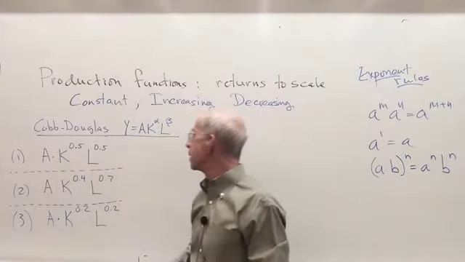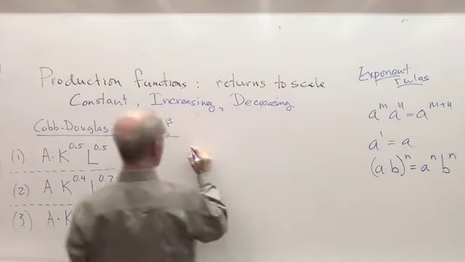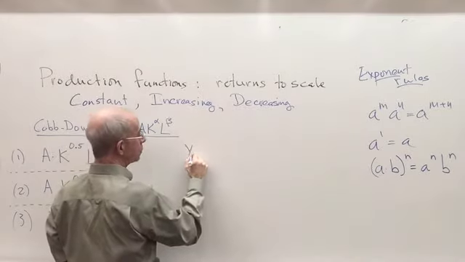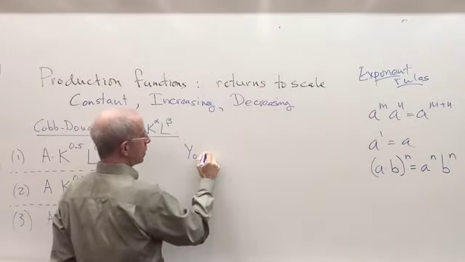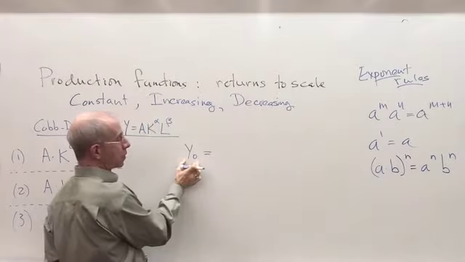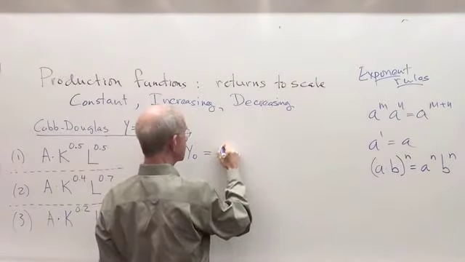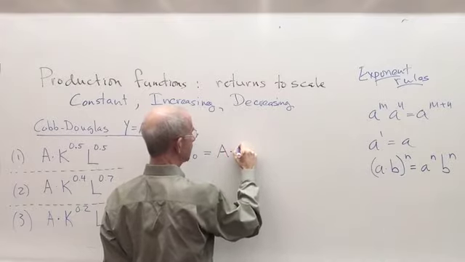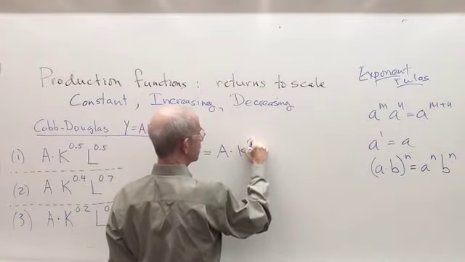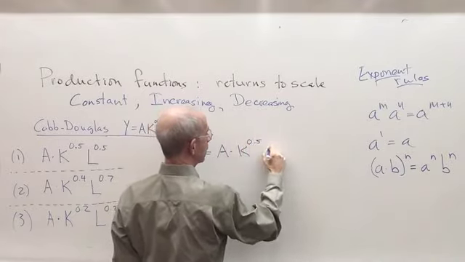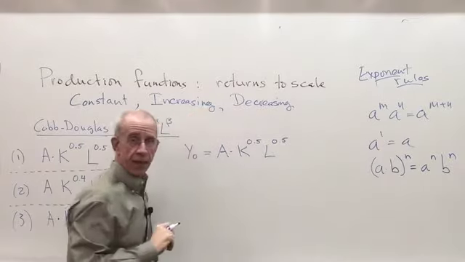So let's take the first one, and I want to call y0, the original level of output, a multiplied times K to the 0.5 power multiplied times labor to the 0.5 power.